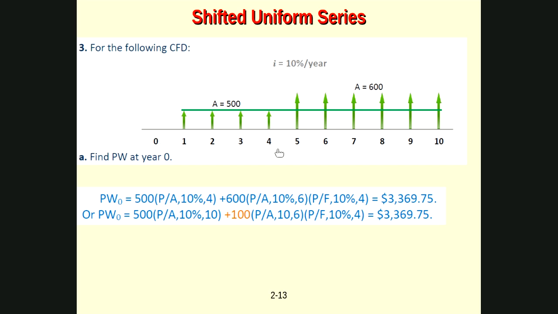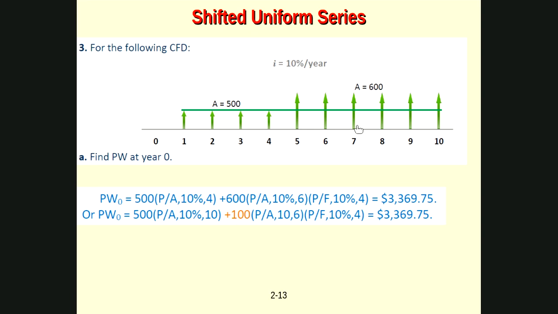You need to convert them first to a single value at year 4, a year ahead. Remember, a year ahead is going to be at year 4, and then from year 4 you can convert it to 0.